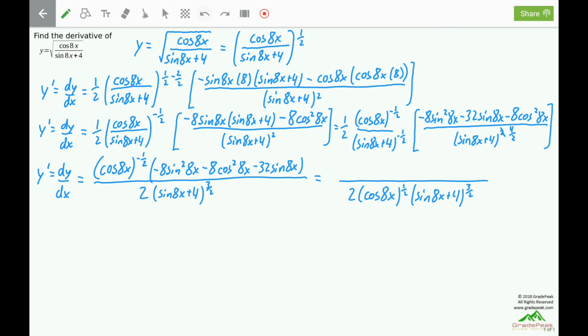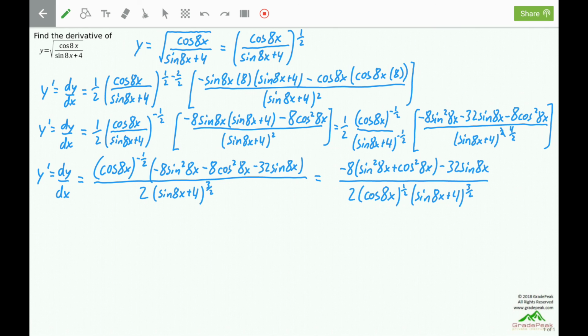And what I'm going to do is factor out -8 just from the first two terms. They are the sine squared 8x and the cosine squared 8x. And if we factor out a -8 from both of them, they both become a positive 1 for their coefficients. I'm not going to factor it from the other term, though, because it's not part of the identity.